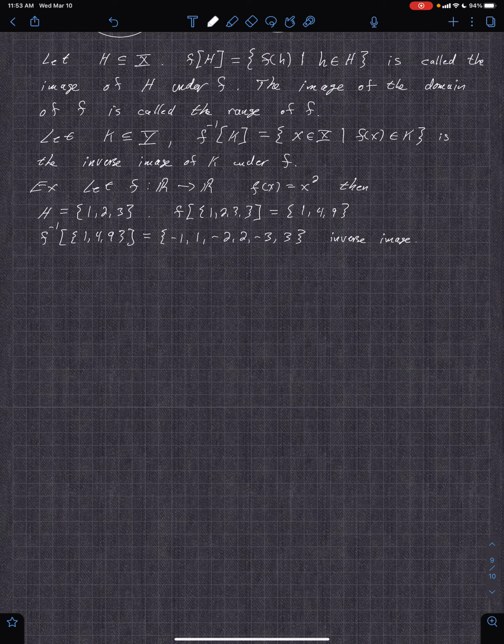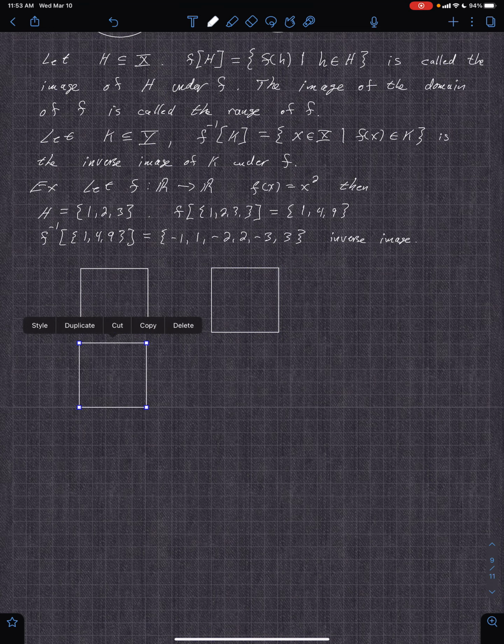All right, so suppose you had, so this was another diagram we can talk about. So if you have, let me duplicate that here. We're going to do two diagrams.